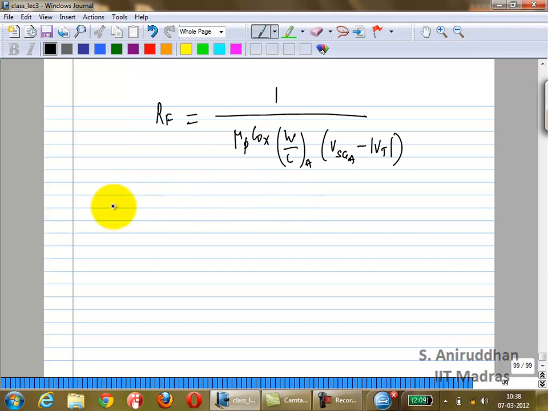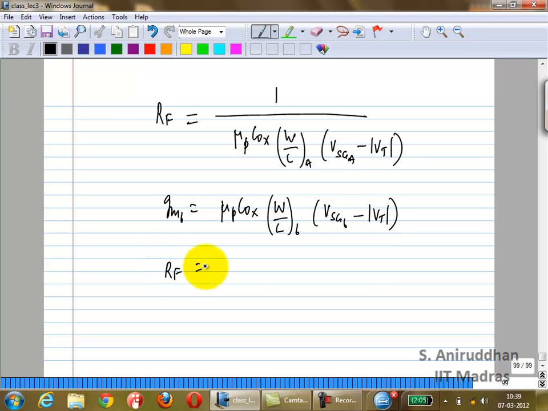What is GM6? I want 1 over this. So this is what I want. Correct?